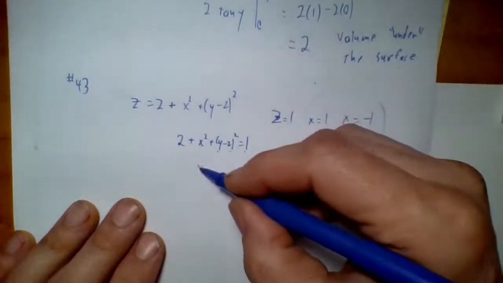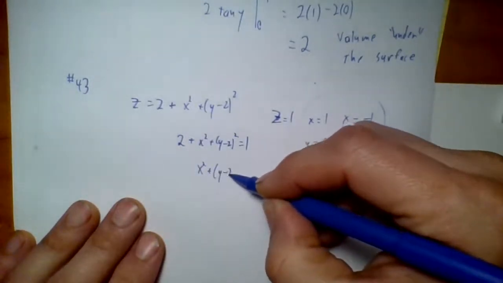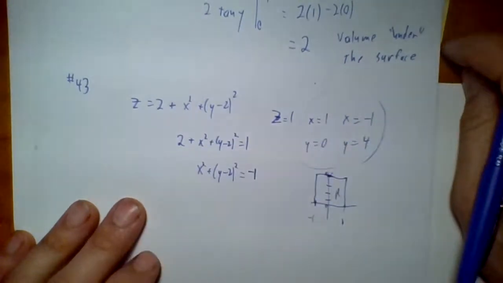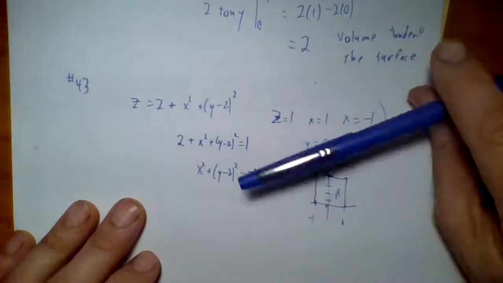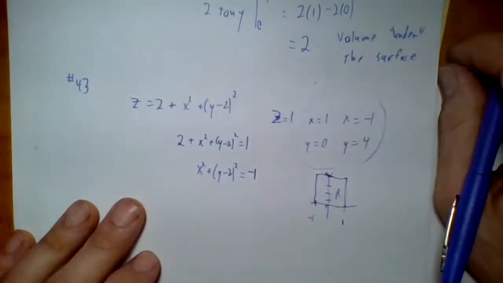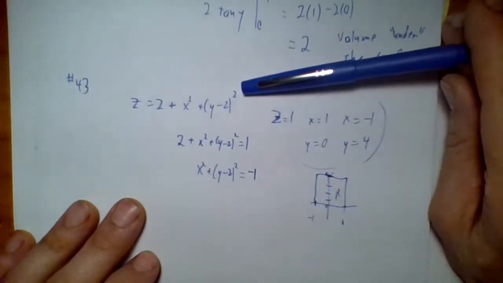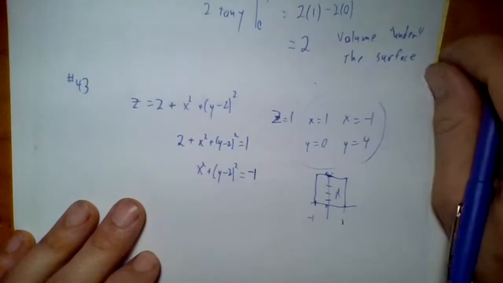But it turns out that this is nothing at all, because x squared plus (y minus 2) squared is never going to add up to negative 1. So if I simplify that down, it's not a circle. There are no such points, so that's telling me that these don't intersect. There is no intersection between this surface and this plane.